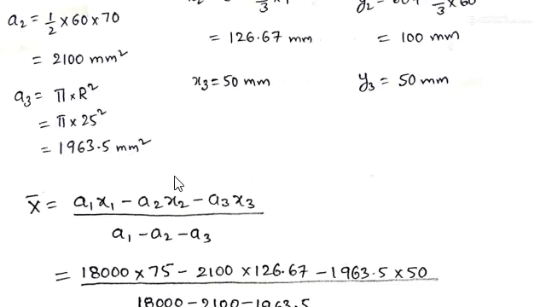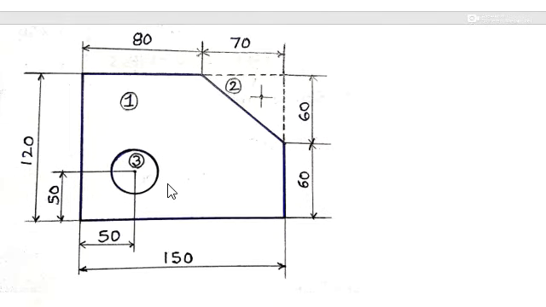So these formulas we have to use here, having divided the given question into simple areas. Now we have to find x1, x2, x3, y1, y2, y3 to get x bar, y bar for this remaining portion.